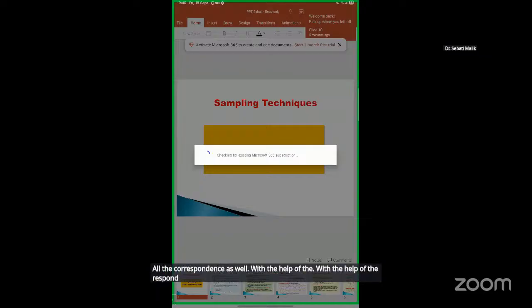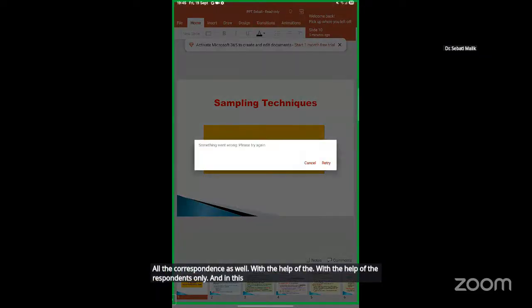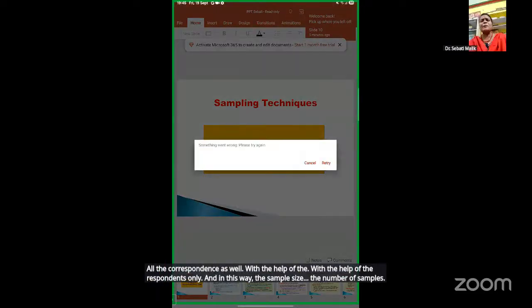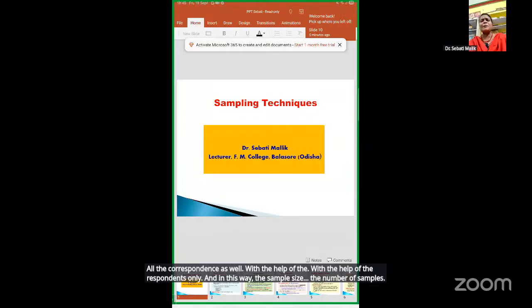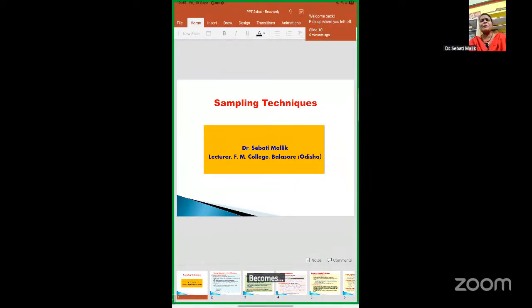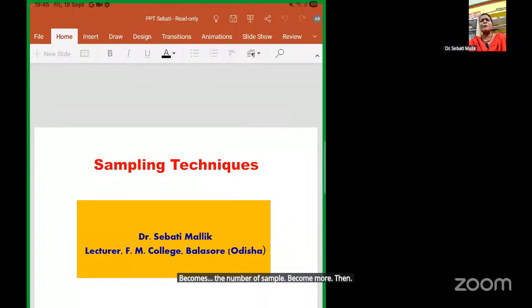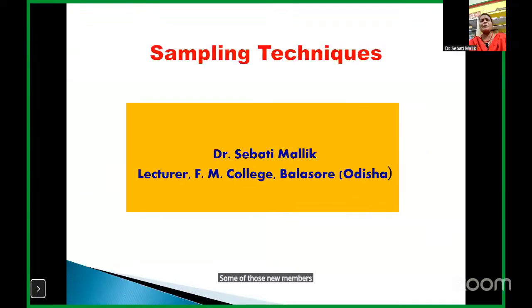In this way, the number of samples becomes more. Then he or she interviews the new samples, new members, new individuals.